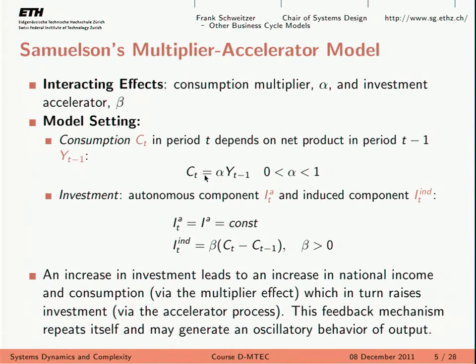And the induced investment, this is I_t with superscript IND. This is what private investment is. So you induce capitalists to invest. And how are they induced? They're induced via the accelerator concept, this one here.